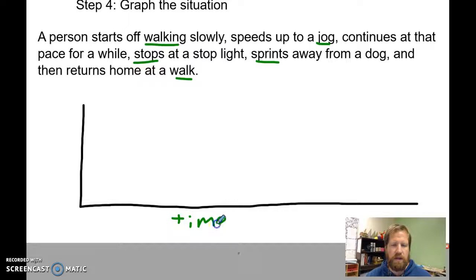So their speed is going to change based on when in their trip it is. So I'm going to put speed over here.